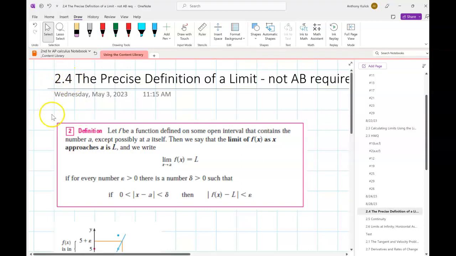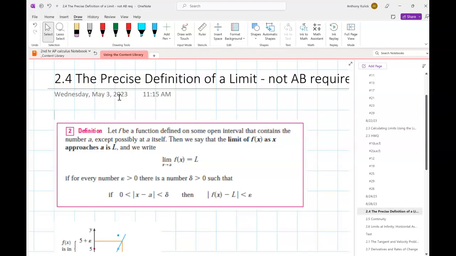Anyways, continuing on. 2-4. Here we're going to be looking at the precise definition of a limit. This is not something that would be AB material, but if you're planning on an engineering degree or something like that, it's certainly something you'd see in a Calculus 3 course. I would think at minimum you would do a fair bit of this kind of work.